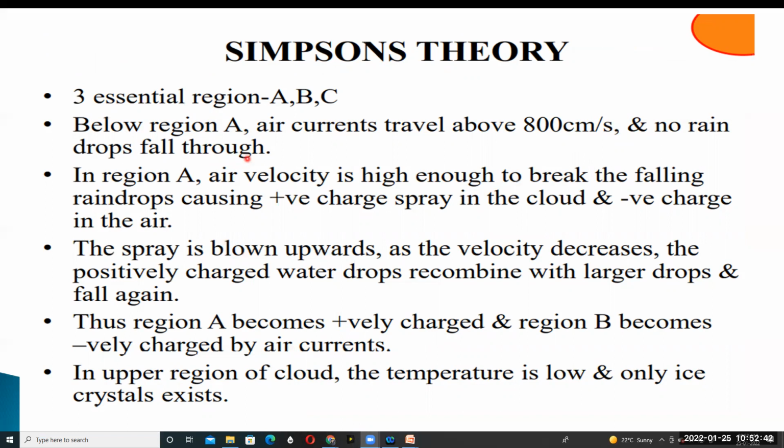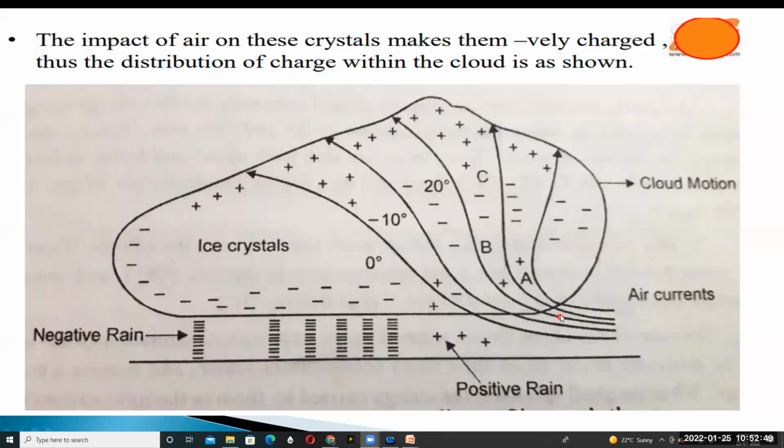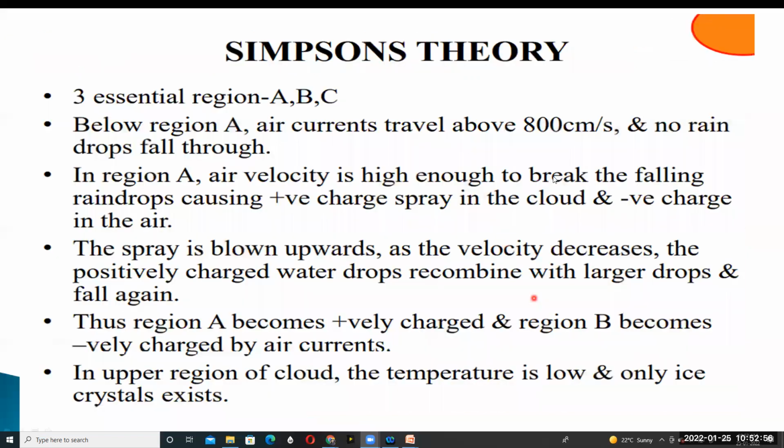The speed of the air currents below this region is 800 centimeters per second.